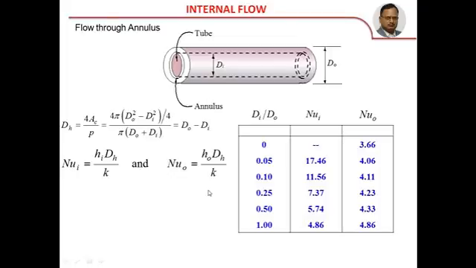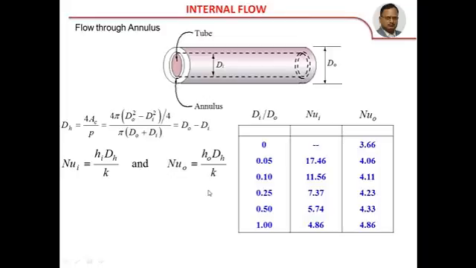So this is the theoretical part of internal flow. We have seen till now what is an internal flow. The fluid flowing through pipes or through ducts is called internal flow. It is also of two types, laminar or turbulent, depending on the Reynolds number. The critical Reynolds number is 2300.